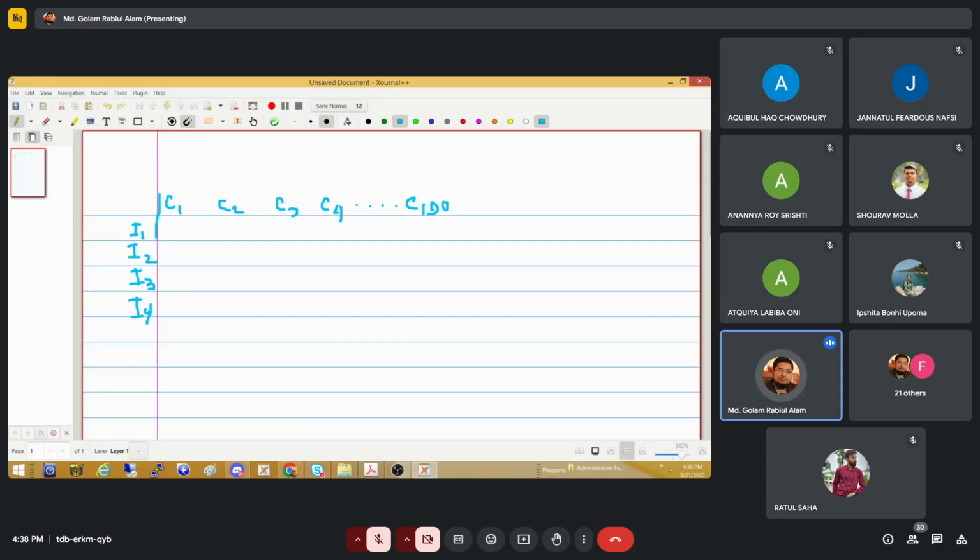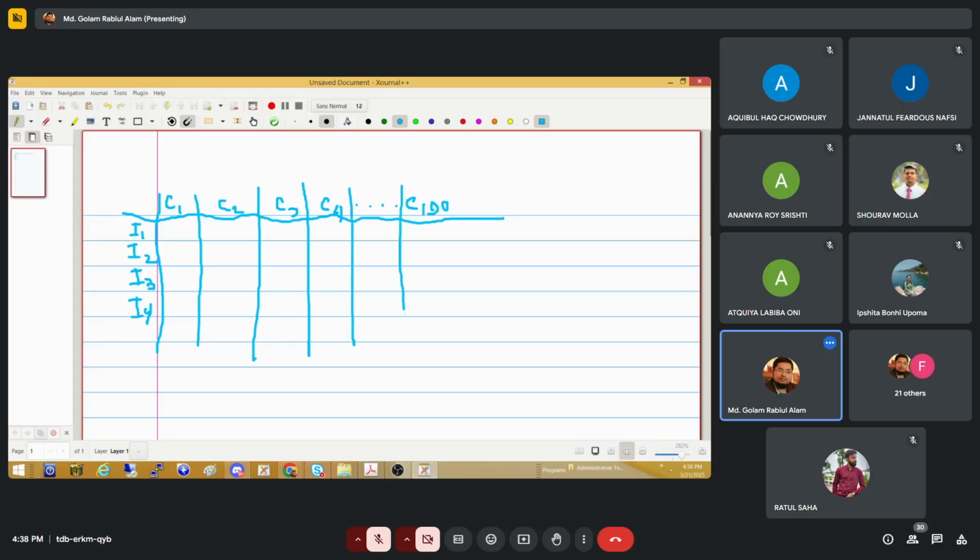So now think about our data set, the bibliographic data set for authors and conferences. Maybe for the first author, individual 1, he has one publication in conference 1, and also 2 publications in conference 4, and the rest are just 0.